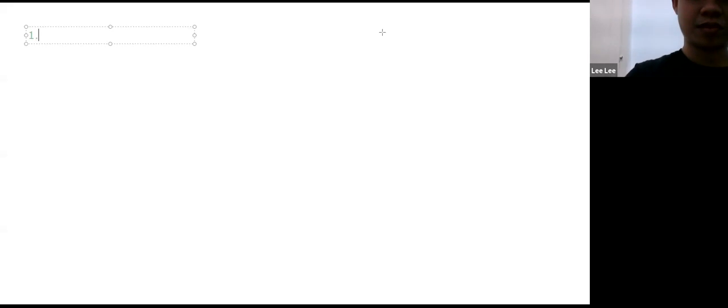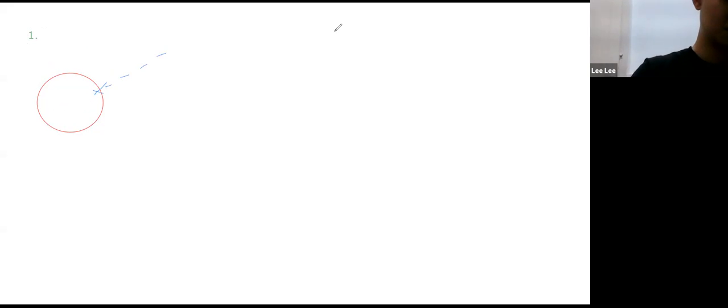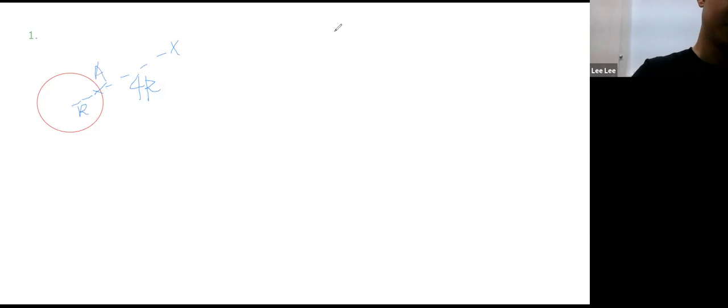Let's say for equation number 1, at first the object is at the surface. Then now you project it. So let's call this point A, and the planet is Earth.